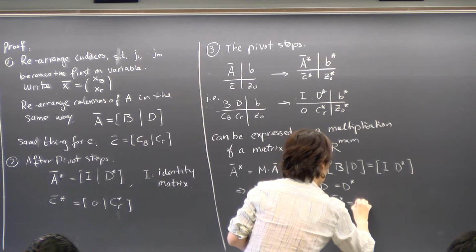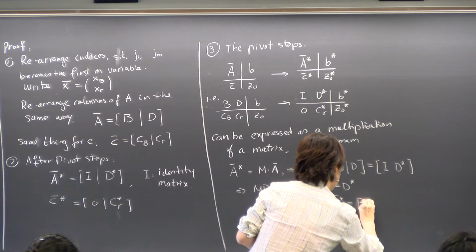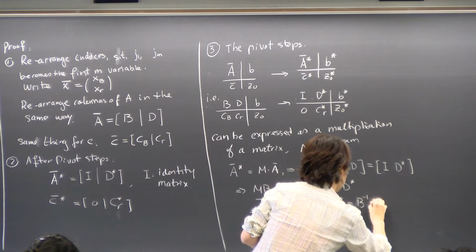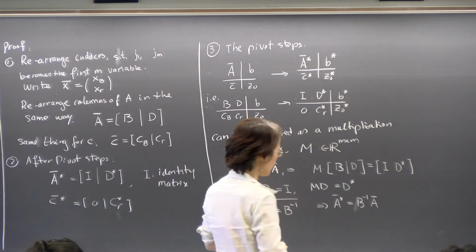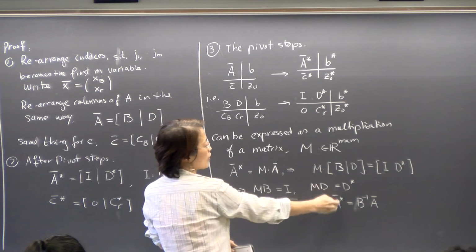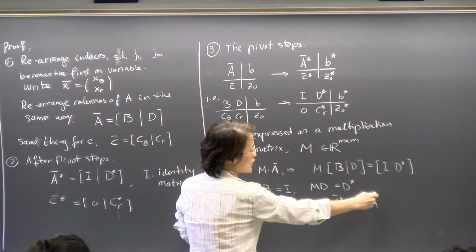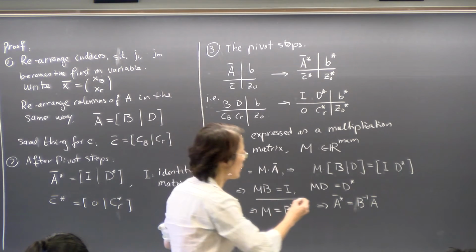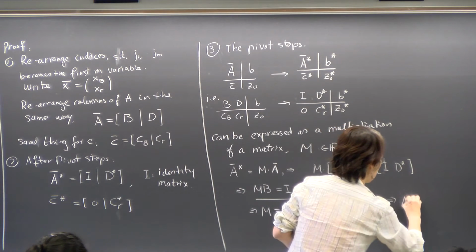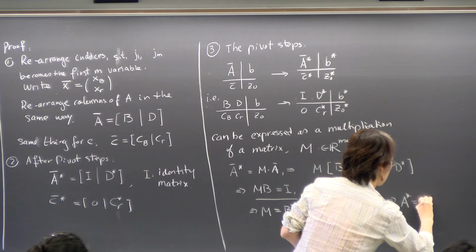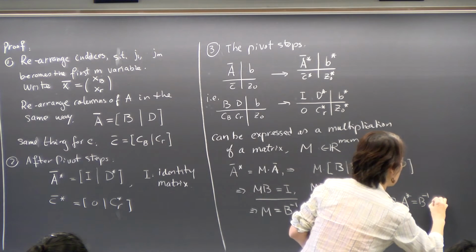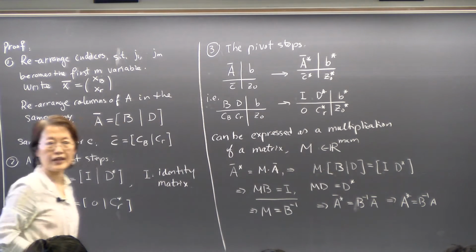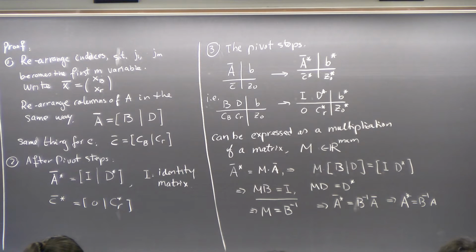The shifted one gives me this, B multiplied by A shifted. And then you can shift the columns in A back in the same way, and it will give you A star simply equals B inverse A. Okay? And that's this claim we're proving.